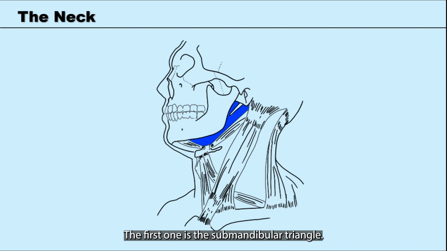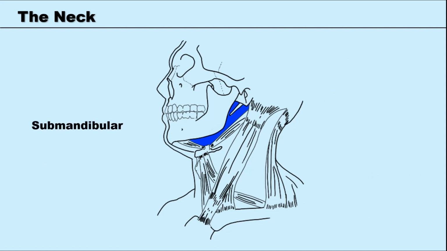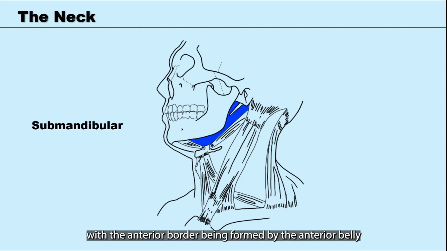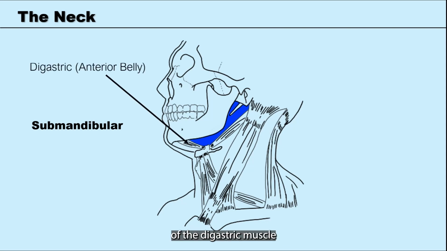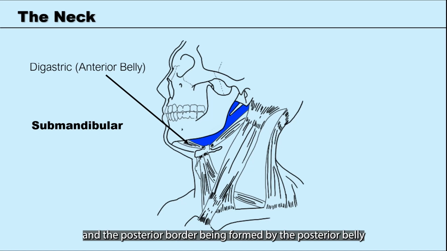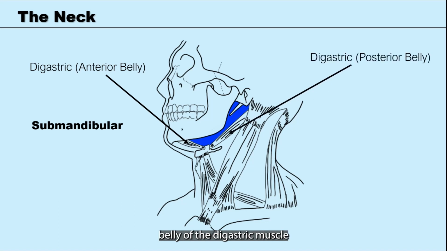The first one is the submandibular triangle. This triangle's superior border is the inferior border of the mandible, with the anterior border being formed by the anterior belly of the digastric muscle, and the posterior border being formed by the posterior belly of the digastric muscle, and the stylohyoid, which runs alongside it, although it is not seen in this image.